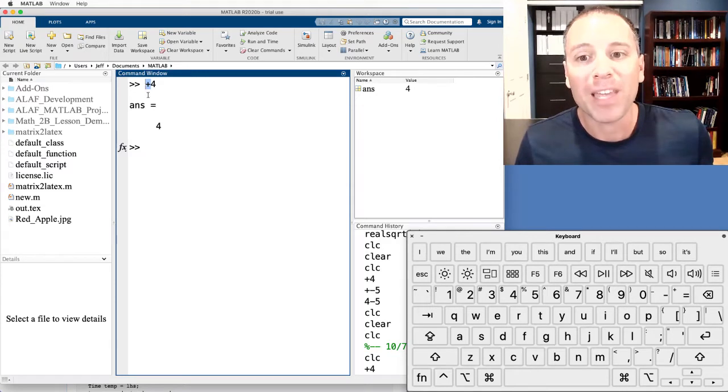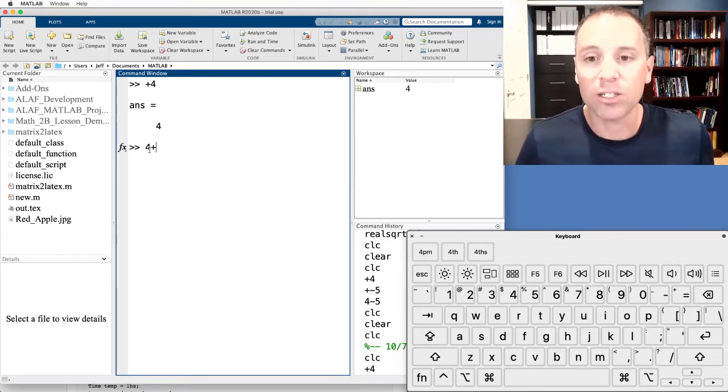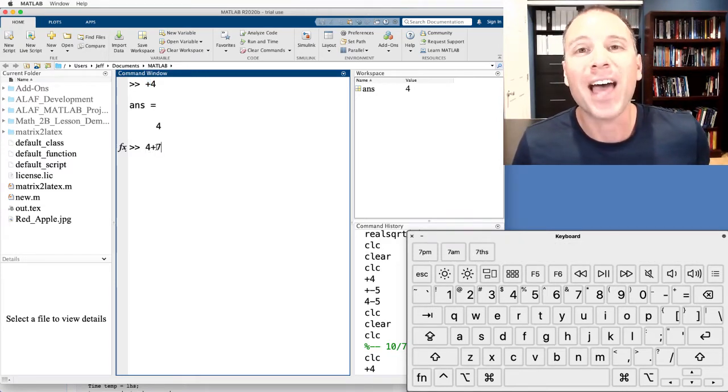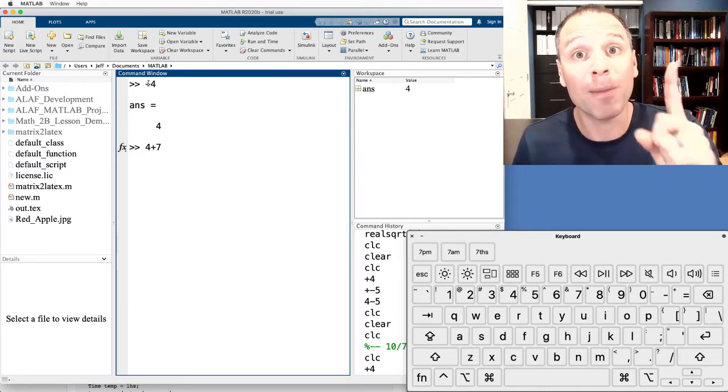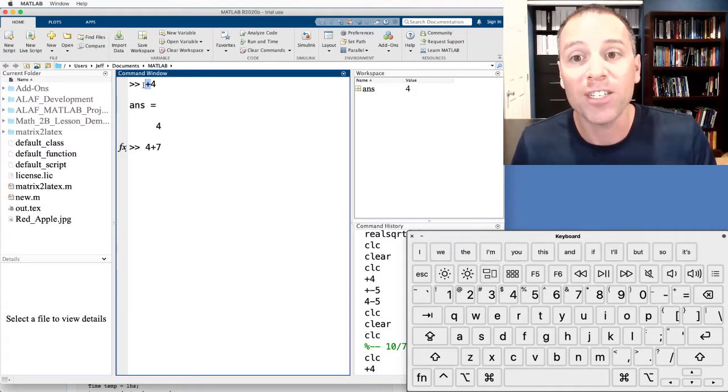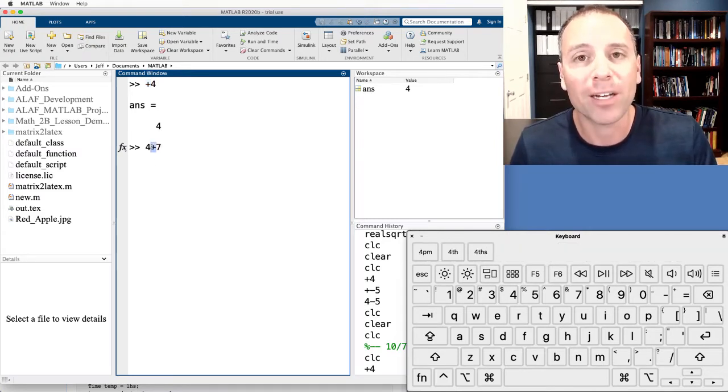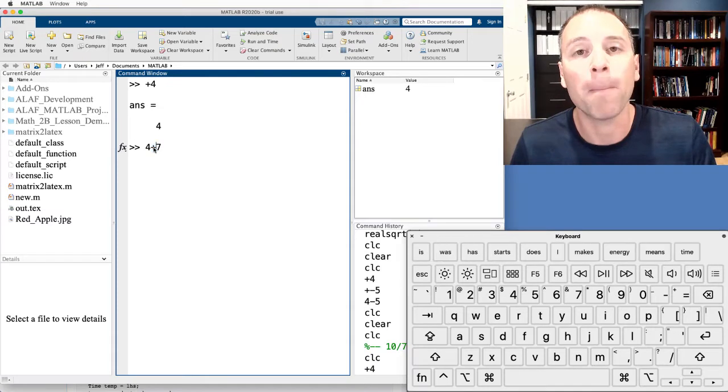That symbol, if I use it in a different context, so 4 plus 7, that is now a binary operator. It's not a unary operator. Unary means it takes one input. This is unary because the unary plus sign is taking a single input on the right-hand side. The binary plus sign is taking two inputs, binary, two inputs, one on the left and one on the right.